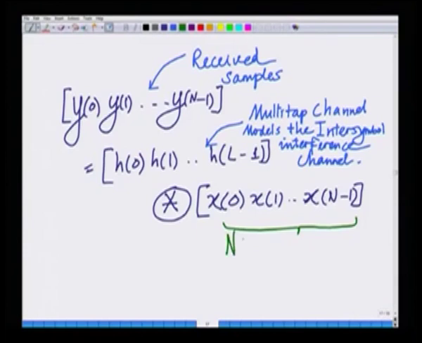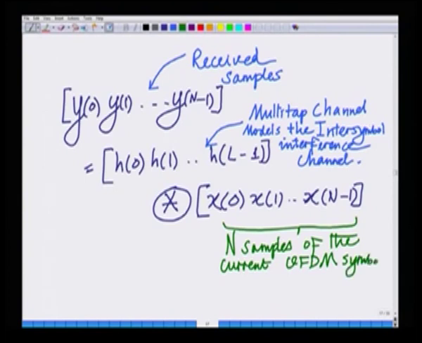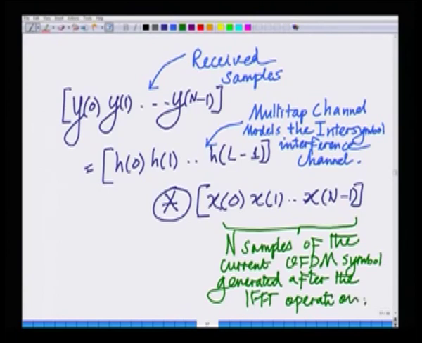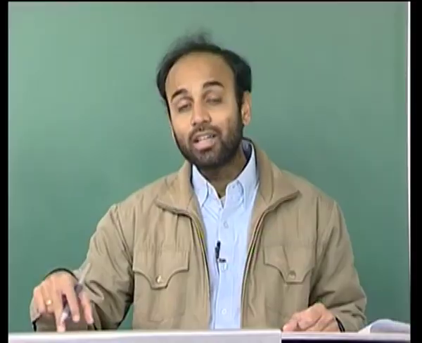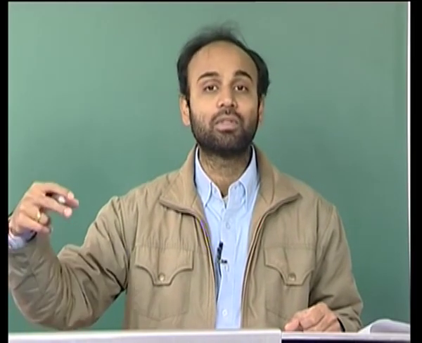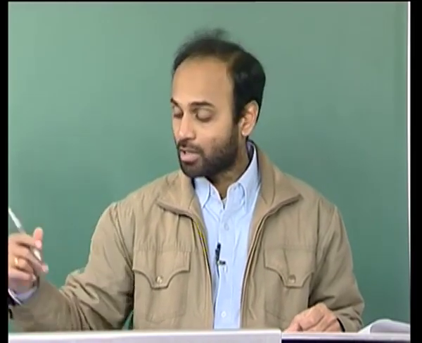These are the n samples of the current OFDM symbol block, which are generated by the IFFT of the transmitted modulated symbols, which are capital X0, capital X1, capital Xn minus 1. Let me remind you of that.